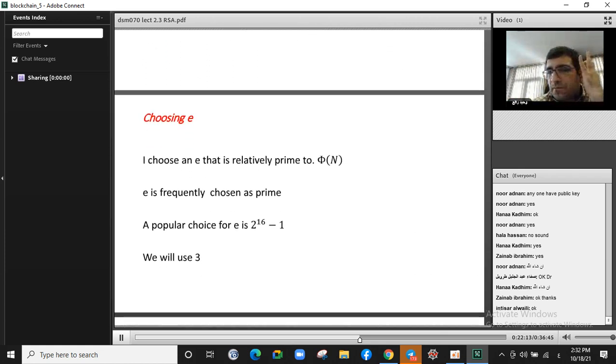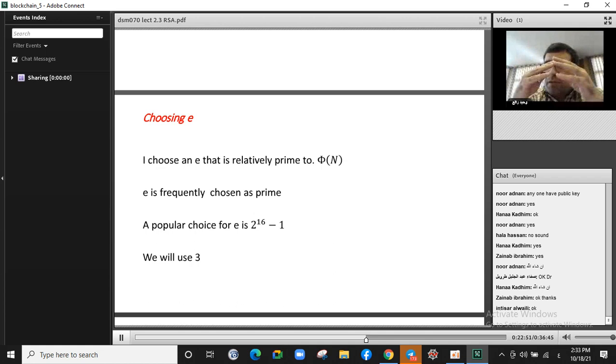Okay, and now Bob must choose another number called E. E must be relatively prime to totient of N. A popular choice for E is 2 to the power 16 plus 1. But for simplicity again, in this case, I use 3. So E is 3, because the totient of N in this case is 20, and 3 is relatively prime to 20.